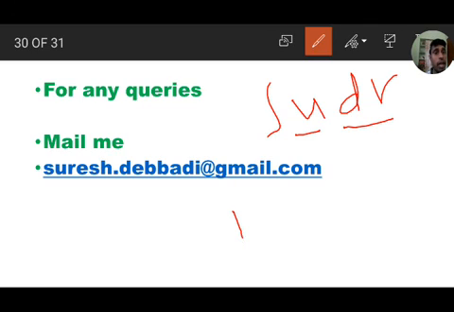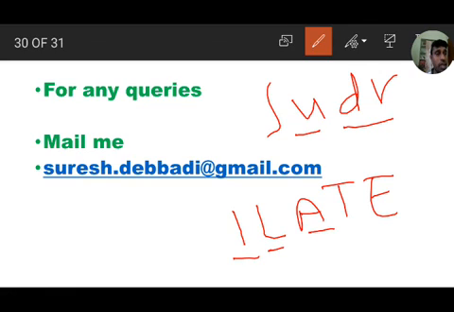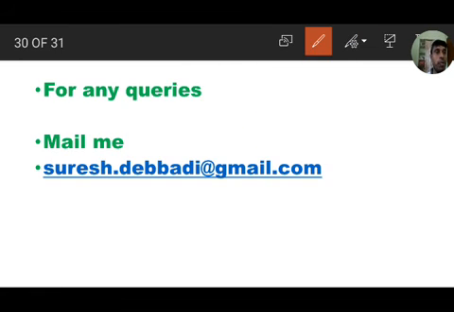We choose them in the order of the word ILATE: inverse trigonometric function, logarithmic function, algebraic function, trigonometric function, exponential function. The function that comes first is u, and the second is dv. Use the formula: integration of u dv equals uv minus integration of v du. The first function is u with derivative du, and the second is dv with integral v.